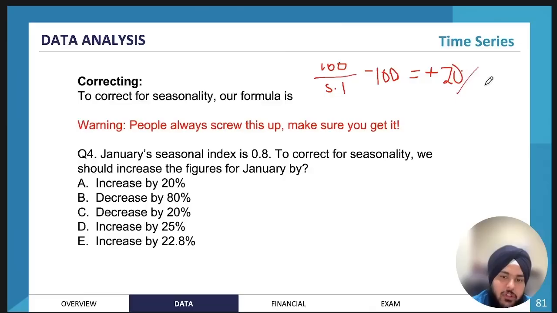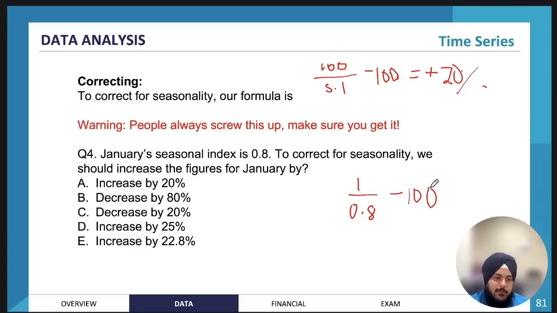So it's not the same as interpreting the seasonal index. It's going to be a little bit different. For example, if we had a seasonal index of 0.8, it's not simply decreasing by 20%. We do 1 over 0.8 minus 100.